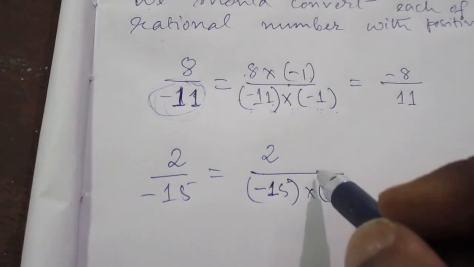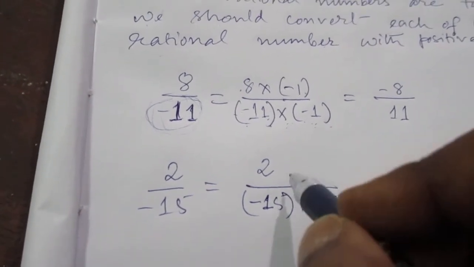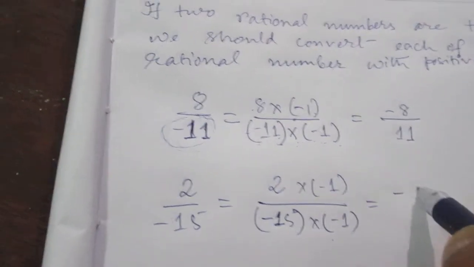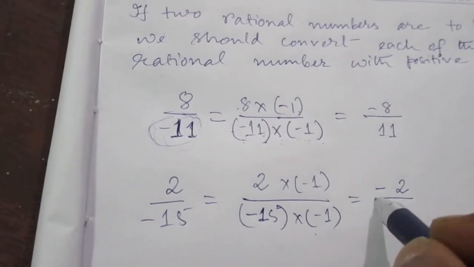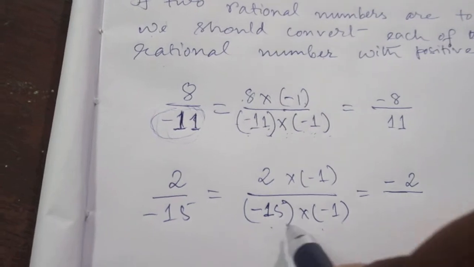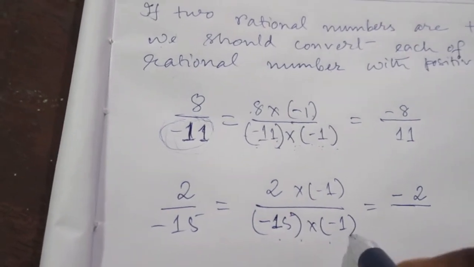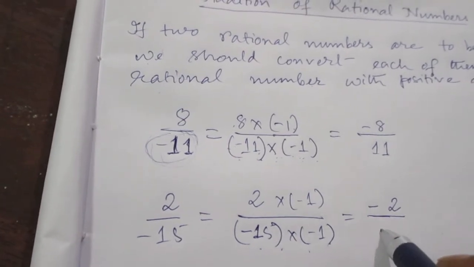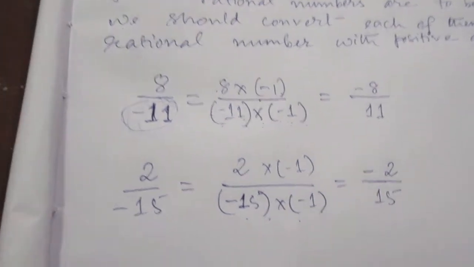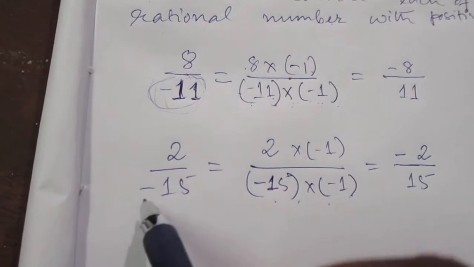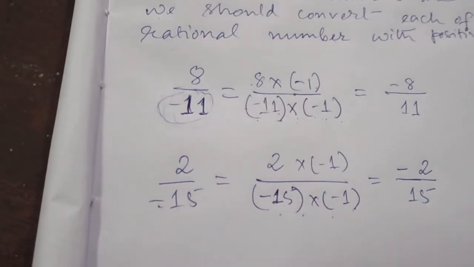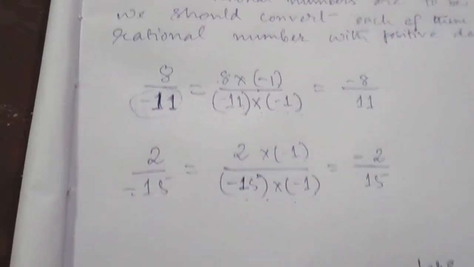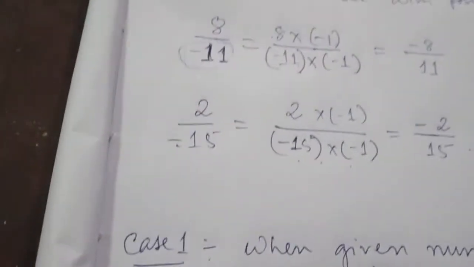As I have multiplied the denominator with minus 1, I have to multiply the numerator also with minus 1. So 2 into minus 1 is minus 2, so minus 2 by minus 15 into minus 1, that means 15. In this way we have to convert negative denominators to positive denominators. Okay friends, I hope you have understood.